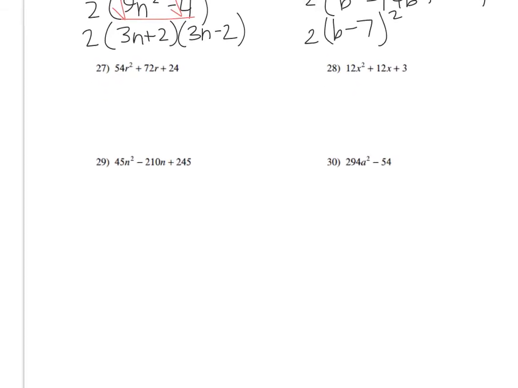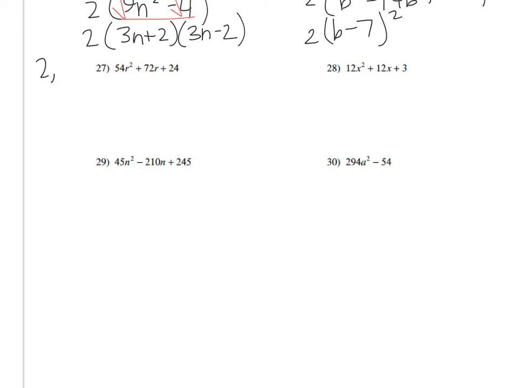And then for the next one, I want to find the greatest common factor. What is the highest number that can divide all of these? Right now, I know I can divide them all by 2 because they're all even.